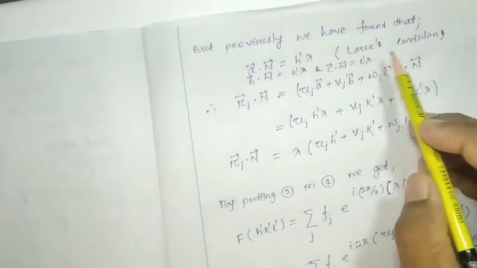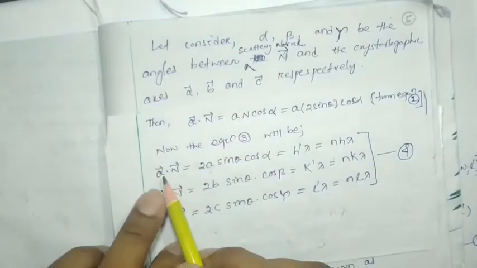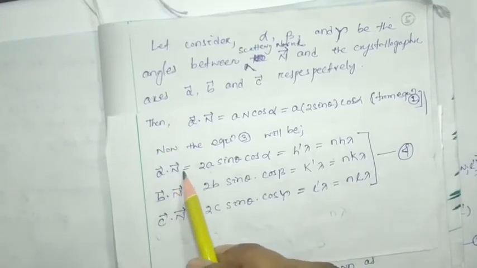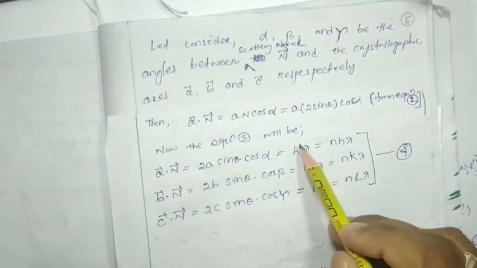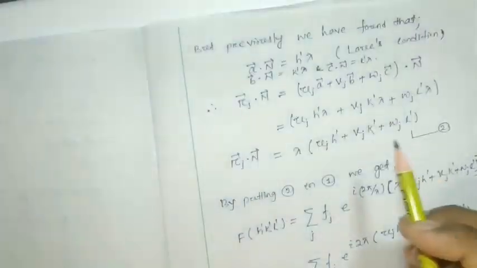But previously, from Laue's condition, we found that a dot n is equal to h dash lambda. This equation I am going to use here.